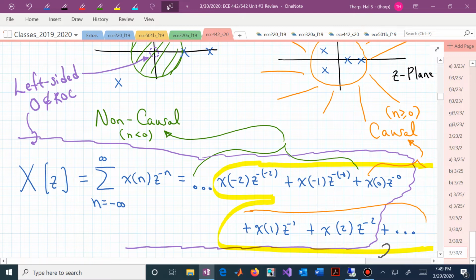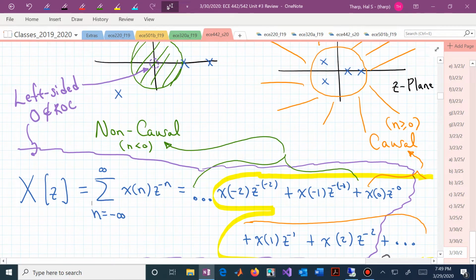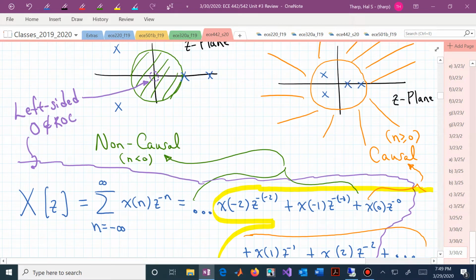And now x of 1 divided by z, well, you can't divide by 0 and get something bounded. So all of those terms in this series expansion for capital X of z that live outside of the terms that are highlighted or bracketed by this green curve are going to have to be 0.